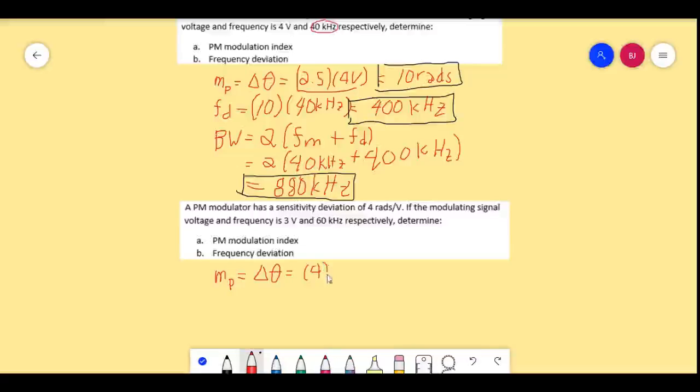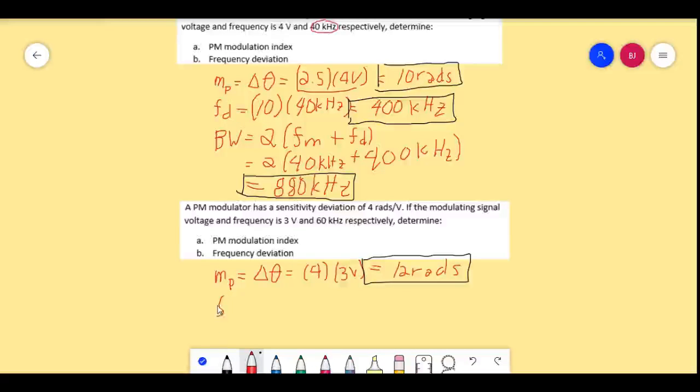The modulating signal voltage is 3 volts. And that would give us 12 radians. Please be mindful of the units, as that is an important part of the answer. So 12 radians.